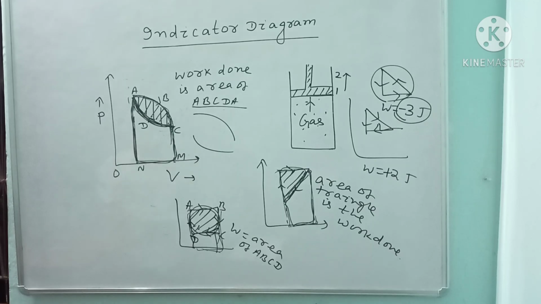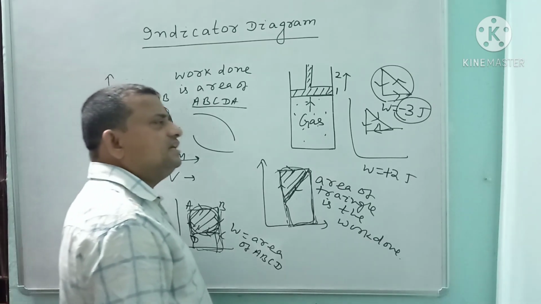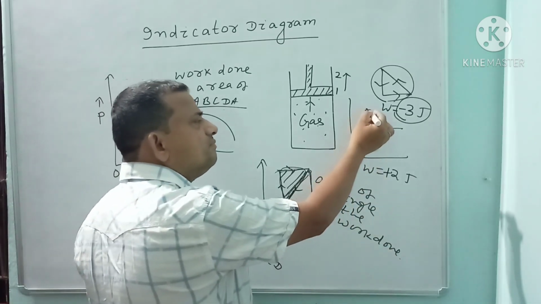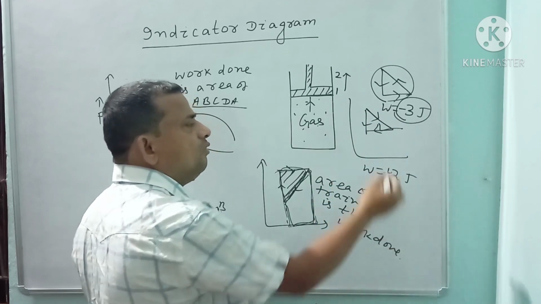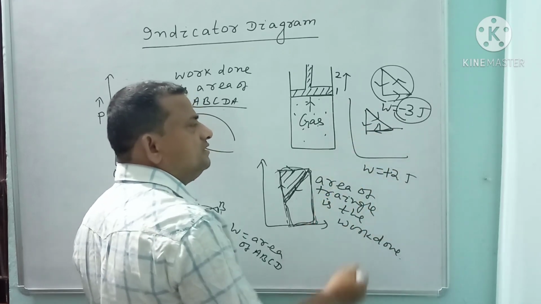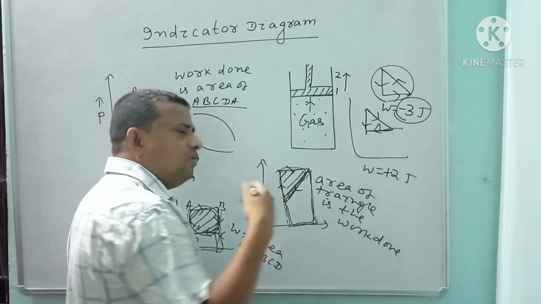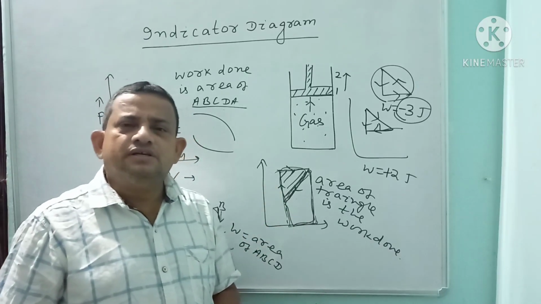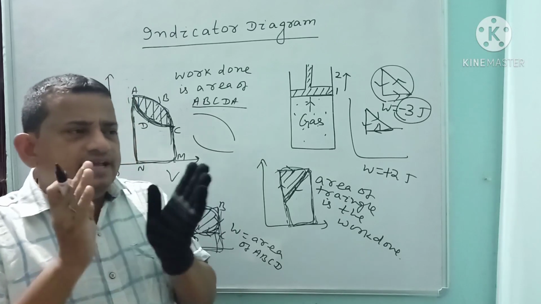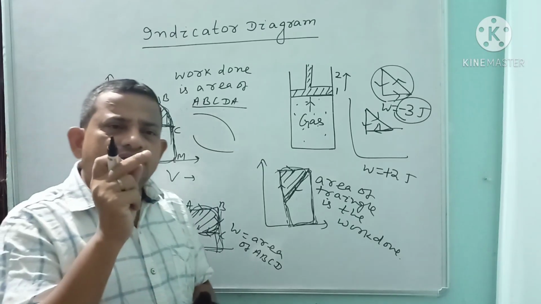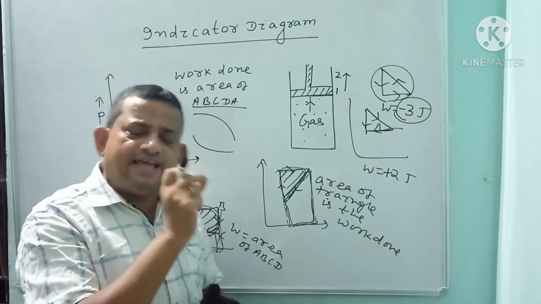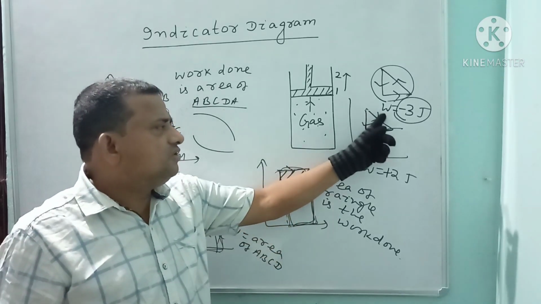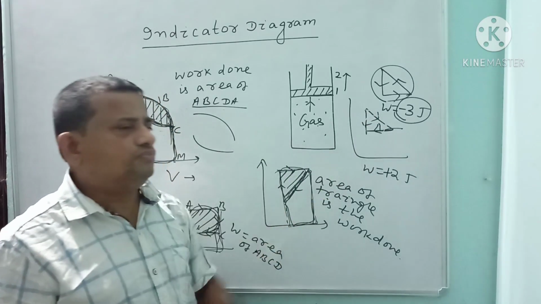One says, sir, if you find out the individual ones, does the same result come? Yes, you find work done for this, work done for that, work done for that, and the same answer will be obtained. But it will be easier, or it will take less time, if you take the area of this loop.